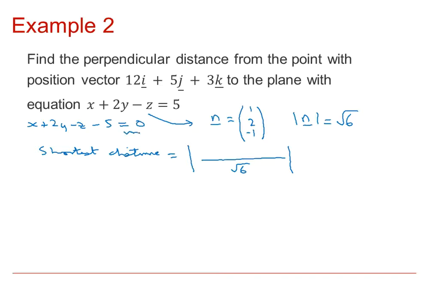If you have it equating to 0, it will make it easier to use. So that's 1 lot of 12 plus 2 lots of 5 minus a 3 minus a 5, which is 14 over root 6, and if we rationalise that and simplify it, we get 7 root 6 over 3 as our shortest distance.